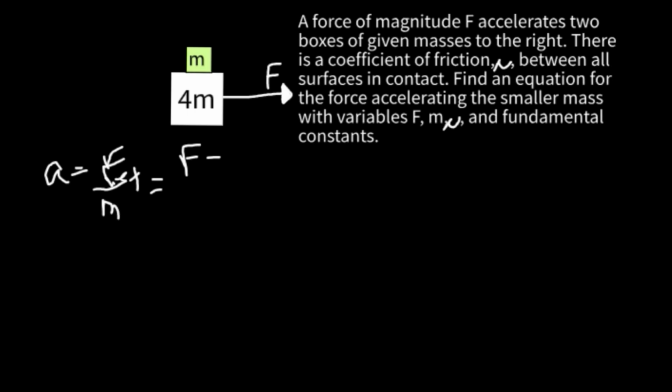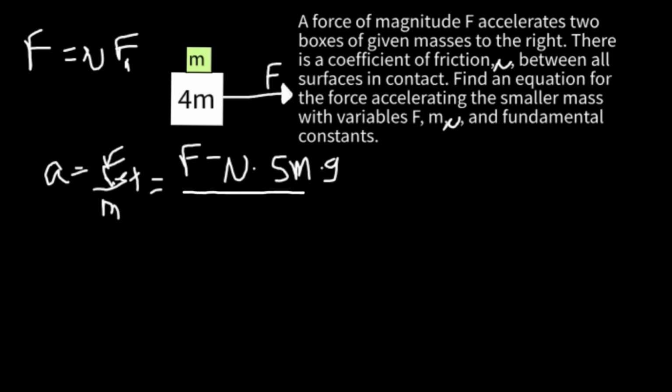So friction we know is mu Fn. Alright, we know mu is just mu. And the normal force is going to be the mass of the block, so that is 5m times the force of gravity. Right? And that is divided by the mass of the system being 5m.